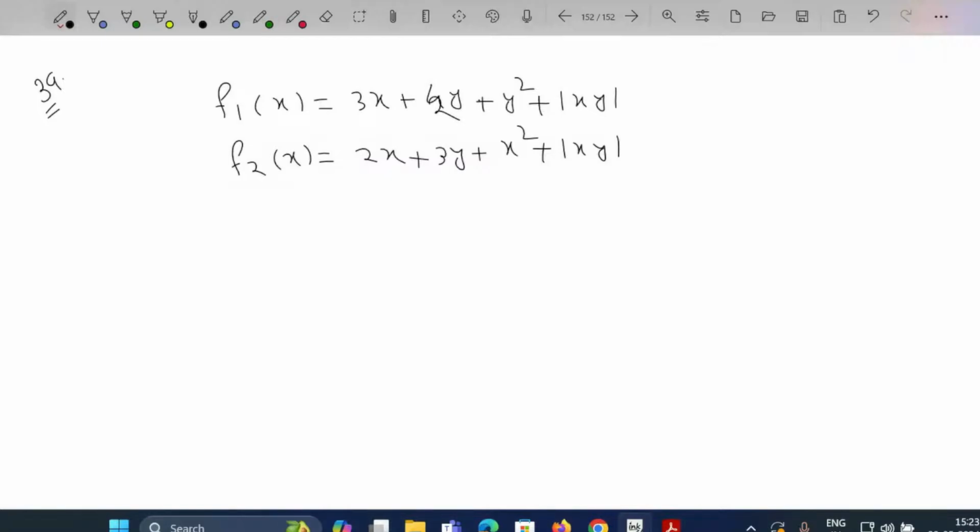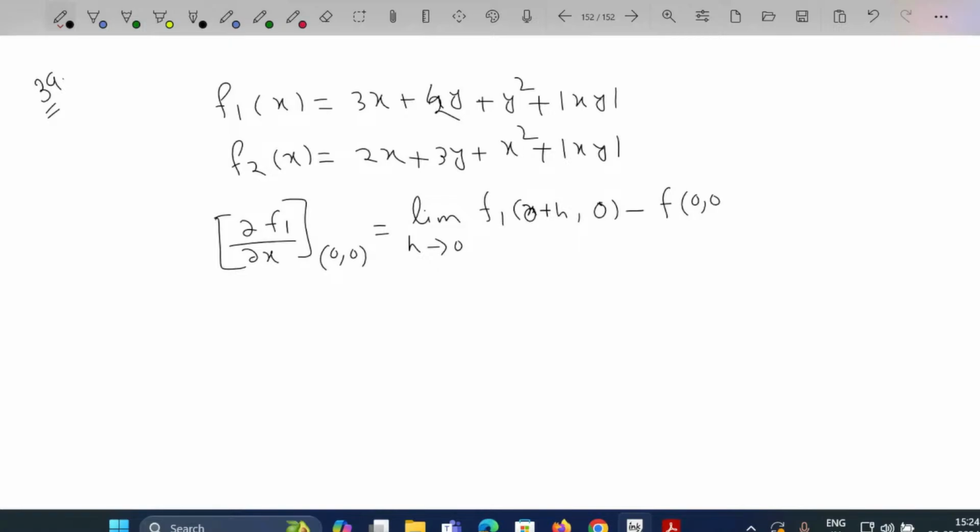Okay. So can we get the partial derivative of f1 with respect to x at the point (0, 0) or not? The formula is limit h tends to 0 of f1 of (0 plus h, 0) minus f1 of (0, 0), by h.